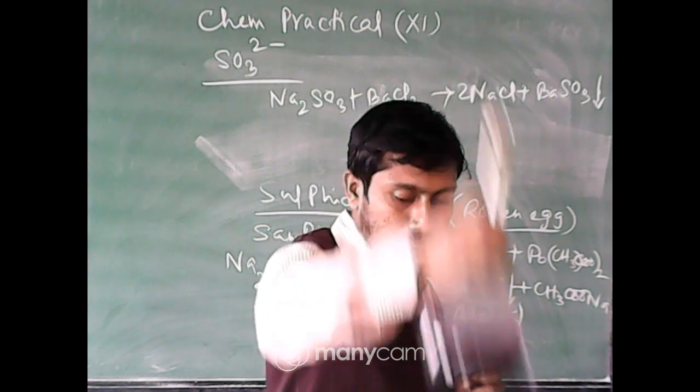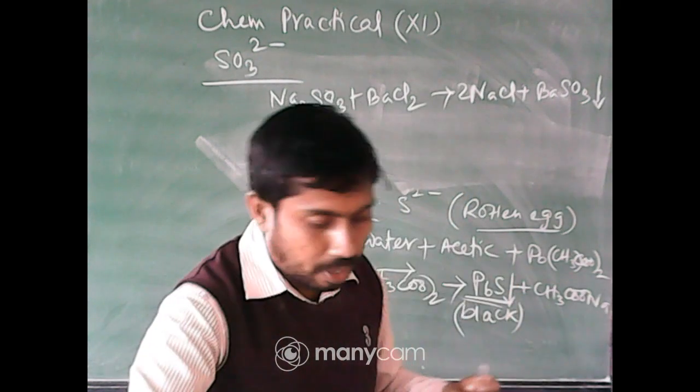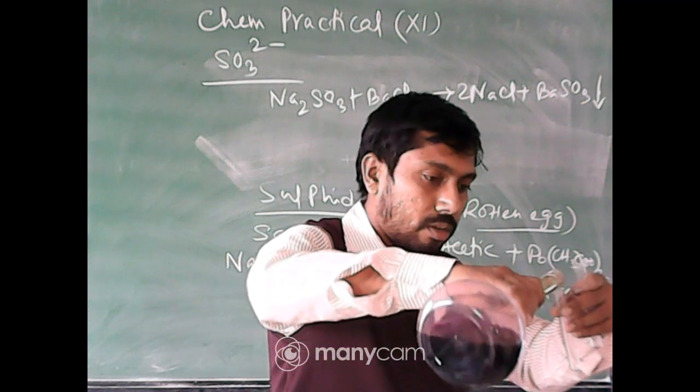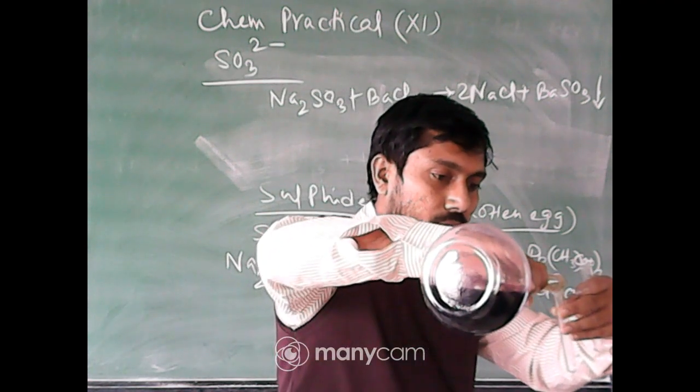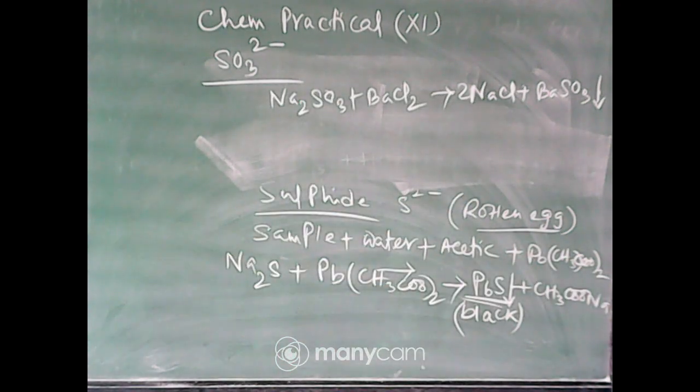This is called a volumetric flask. Taking a very little amount of potassium permanganate, I will add it to the test solution.